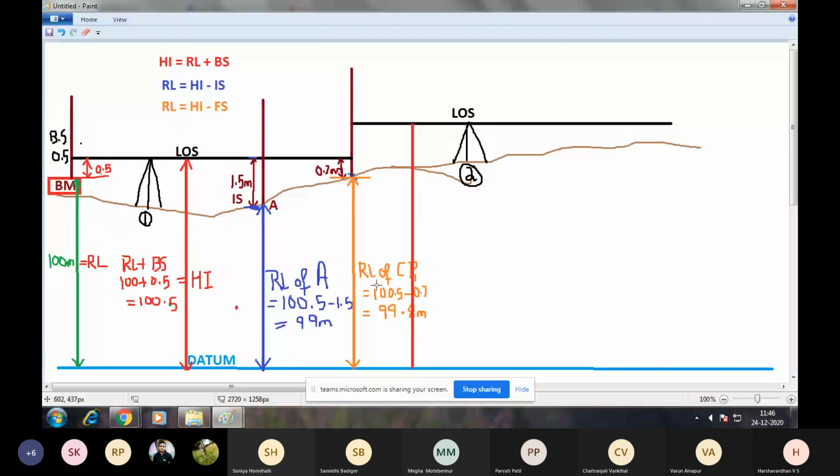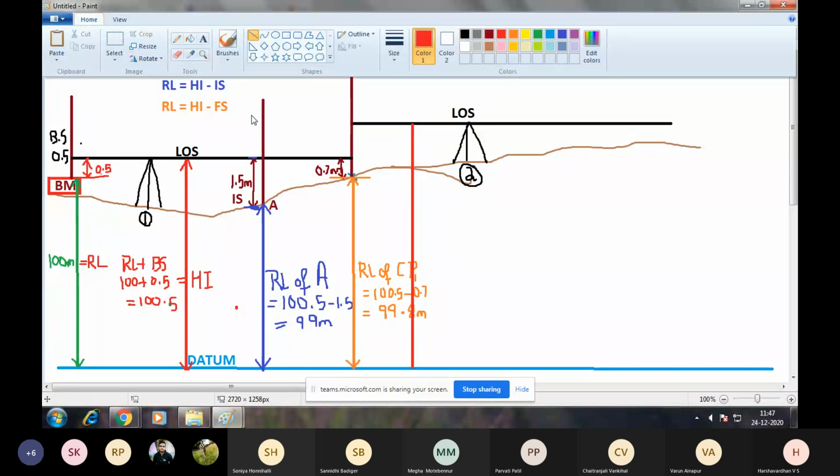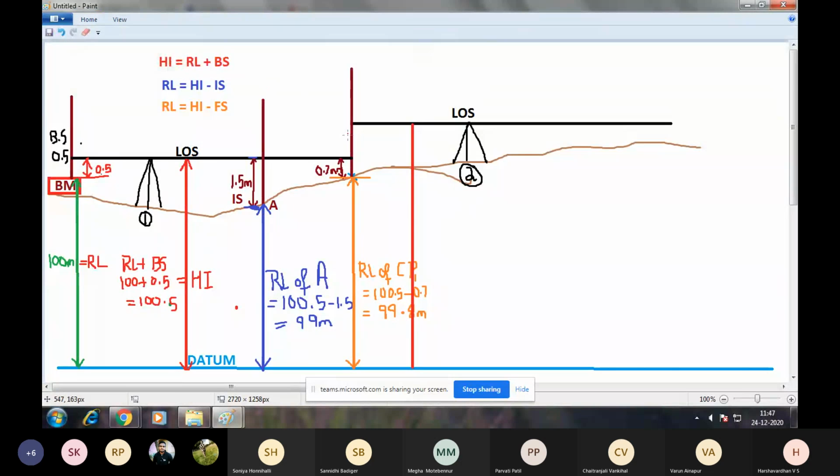Now I have already calculated the RL of the change point. It is 99.8. So I'm taking a staff reading on the change point. What will this staff reading be? After shifting the instrument, I already know the RL of the change point, 99.8. So this particular staff reading will be backsight, because backsight is a staff reading taken on a point whose elevation is known.